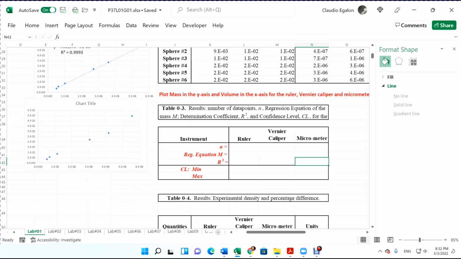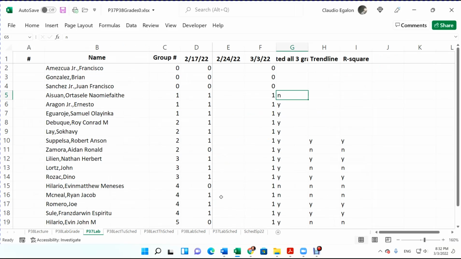Let's see how you're doing. Now, Ortacelli, did you get all the three graphs, Ortacelli? Yes? Trend line and R square too? Hello, Ortacelli? Yes, I got it. Okay, good. What about Ernesto? Did you get the trend line and the R square? Ernesto? Yes, sir. Yeah? Yes, sir. That's a yes, right? Yes, sir. Okay, good. Thank you.